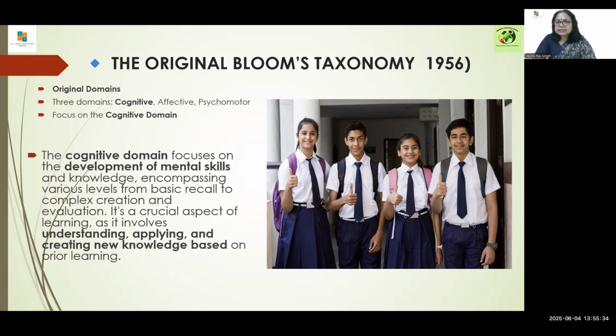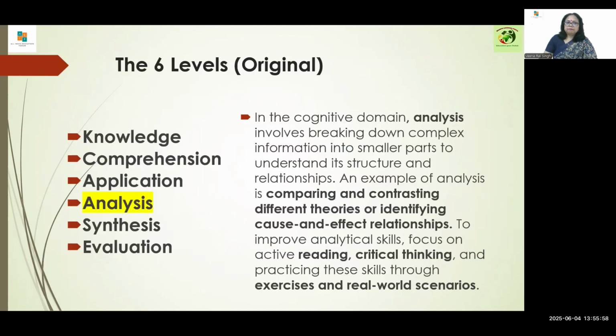So, friends, let's understand what is the cognitive domain. This is where the child gains knowledge at various levels, and then is able to understand, apply, and create new knowledge based on prior learning.